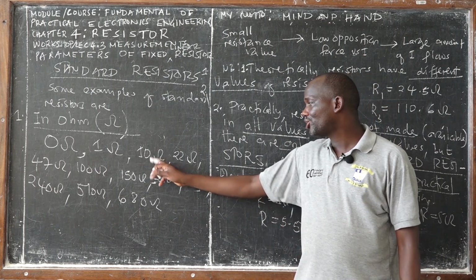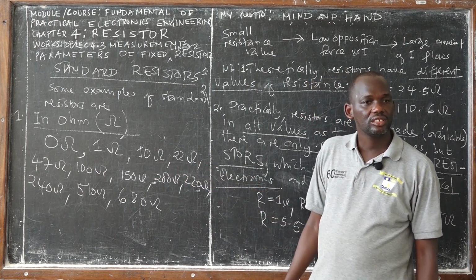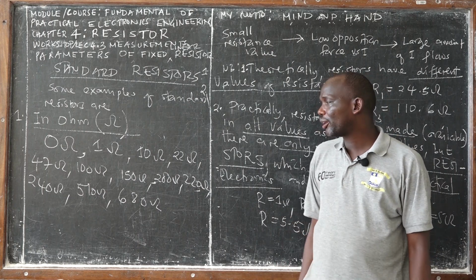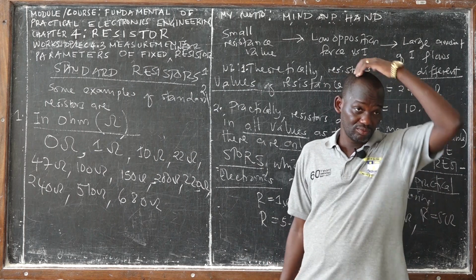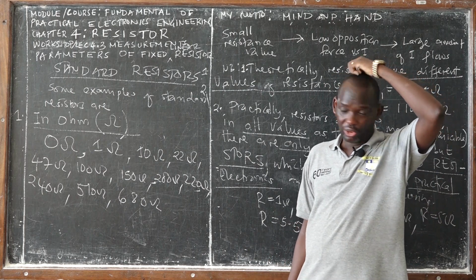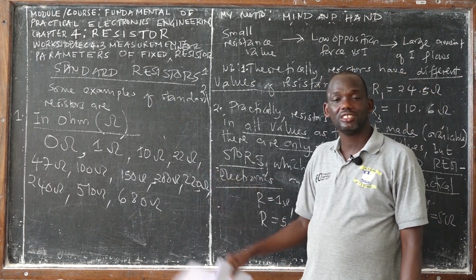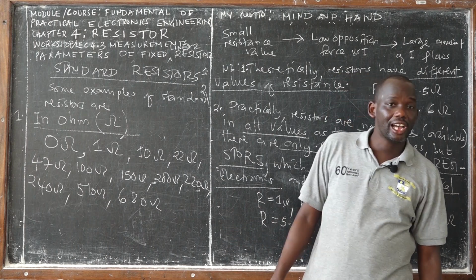Then you have a gap between 10 ohm and 22 ohm. What if in a calculation, we computed and you find the resistance should be 18 ohm? So 18 ohm is in between 10 and 22. Are we together?